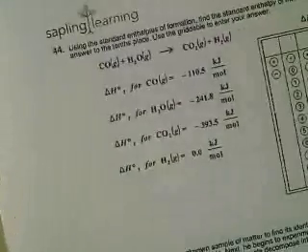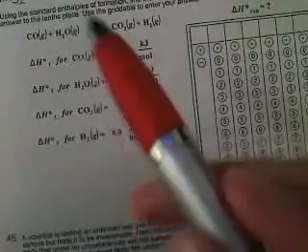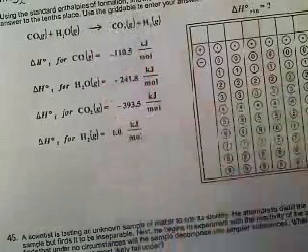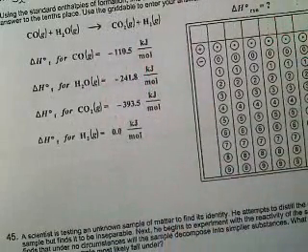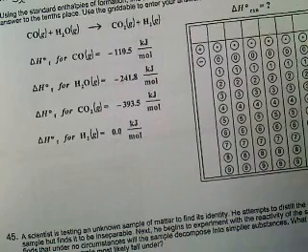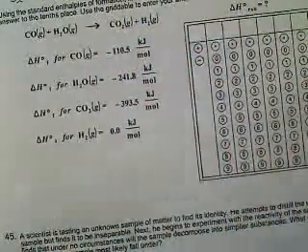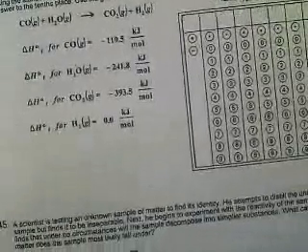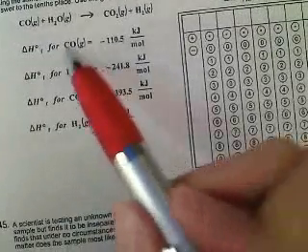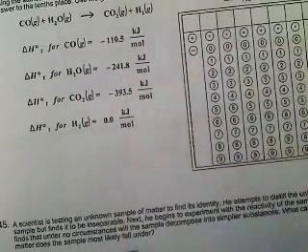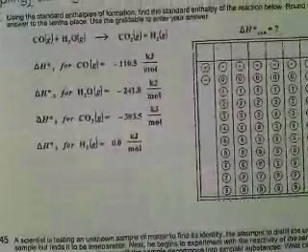43 is done. Let's go to 44. Using standard enthalpies of formation. We didn't even talk about this. Round your answer to the tenth place. These aren't difficult to do, it's just we didn't do a lot of these in class.